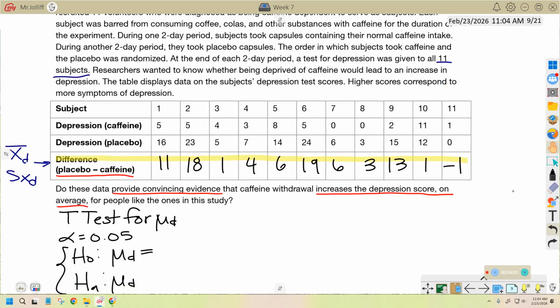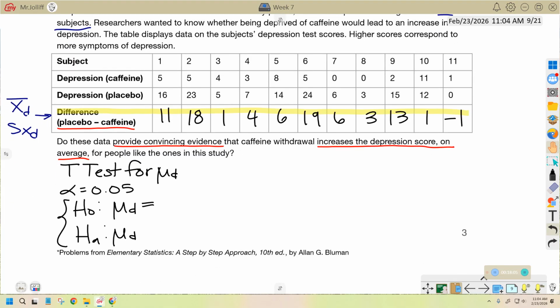So what we are assuming is there's no difference between caffeine and placebo. And we are testing if caffeine withdrawal increases depression scores. And for this, we have to think carefully. We did our subtraction, our difference, as placebo minus caffeine.